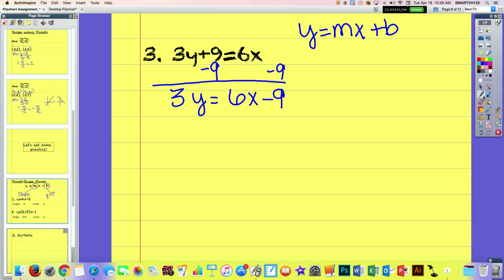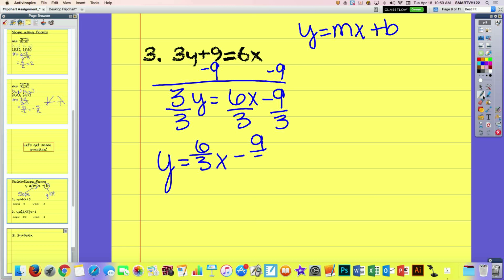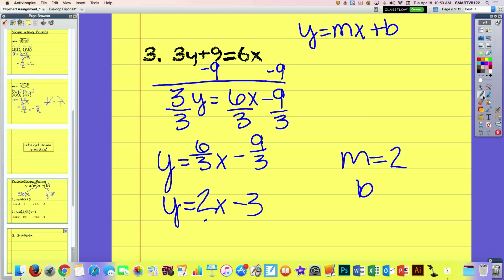So we're going to divide by 3 on both sides. So now we have y equals 6/3 x minus 9/3, which is equal to y equals 2x minus 3. And so the slope is 2, and the y-intercept is -3.